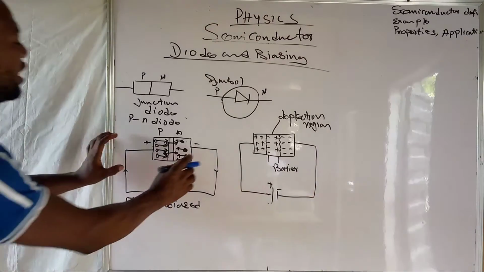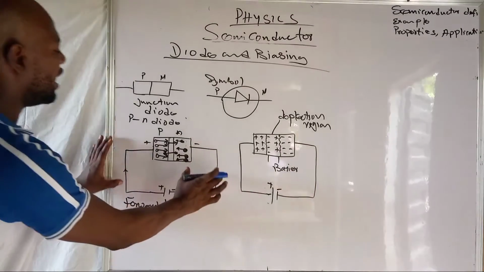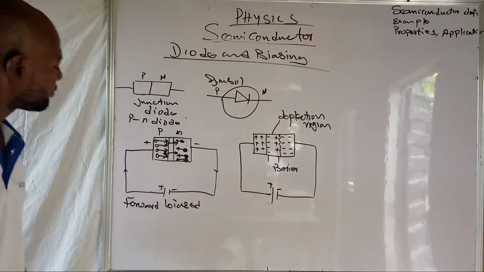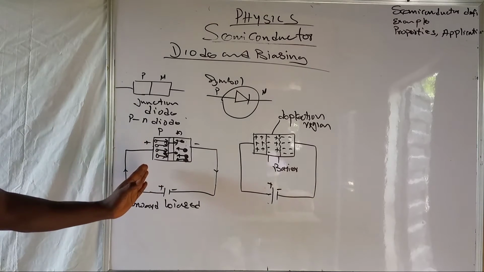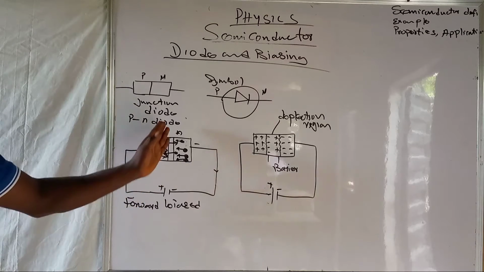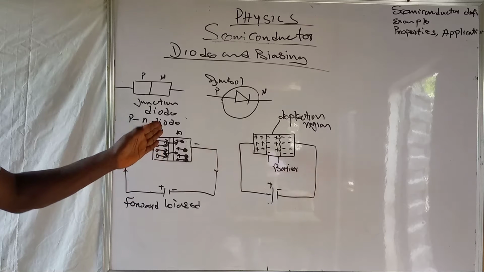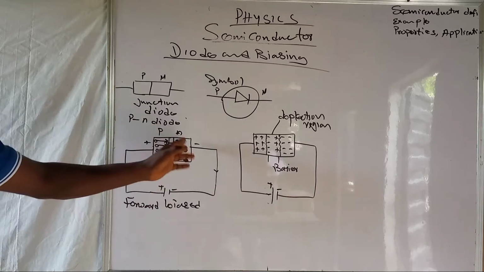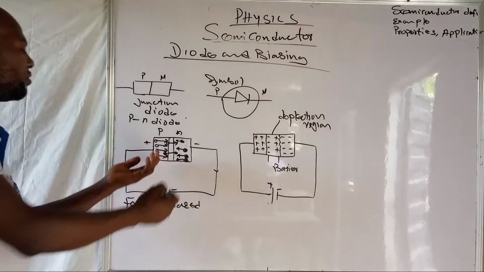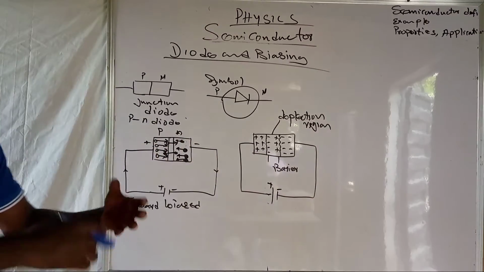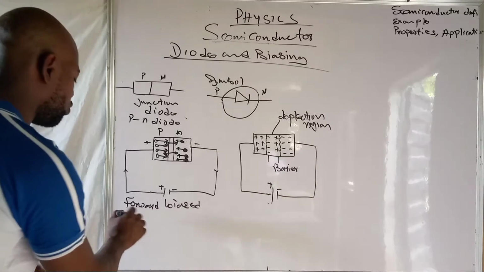Now, if the terminals are arranged in this form, the holes will have freedom to move from their original position, they migrate to the electrons, and the electrons as well come to the holes, then they combine together, thereby current will flow.